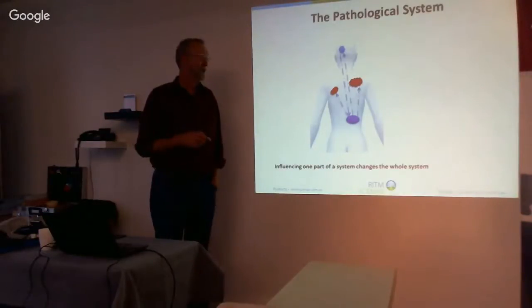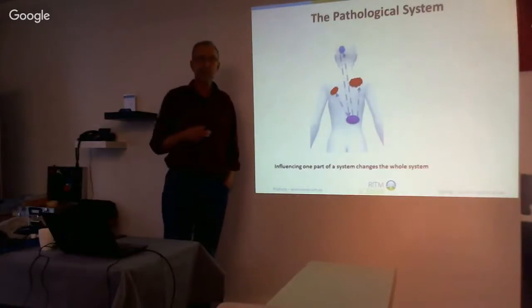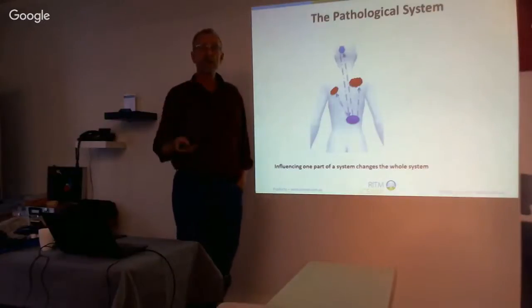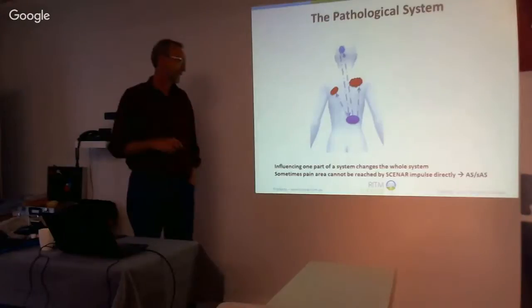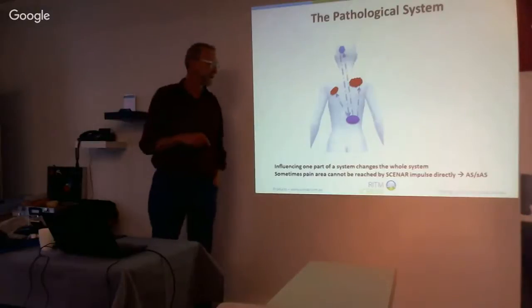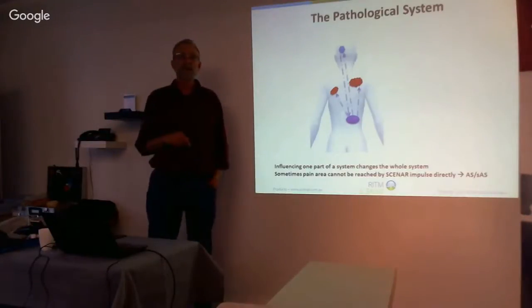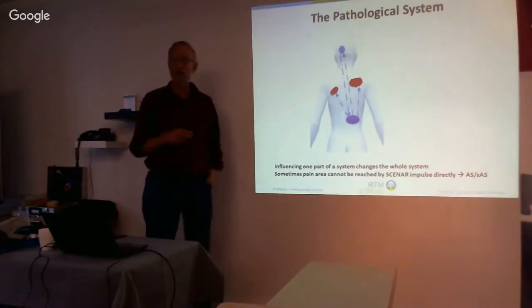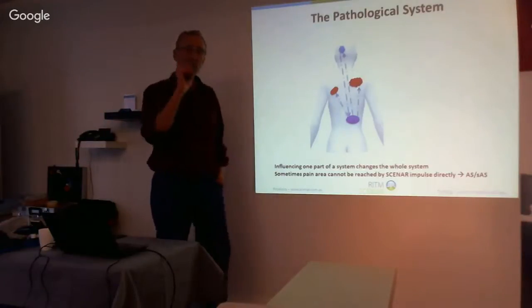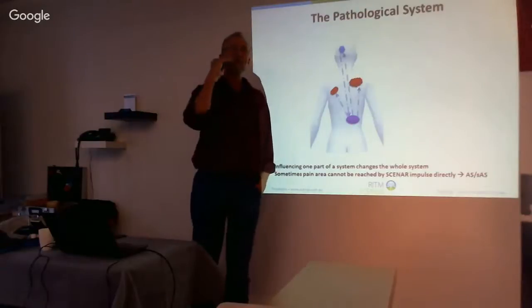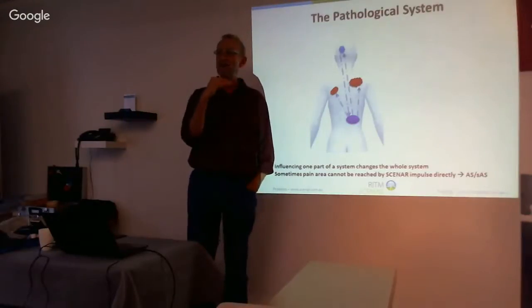By influencing one part of a system, we are influencing the whole system. That's also an idea of Pyotr Anokhin. And sometimes pain areas cannot be reached by the Scenar impulse directly. See, if this is the kidney, then you actually cannot reach the kidney with the Scenar, because the Scenar impulse only penetrates a few millimeters into the skin.